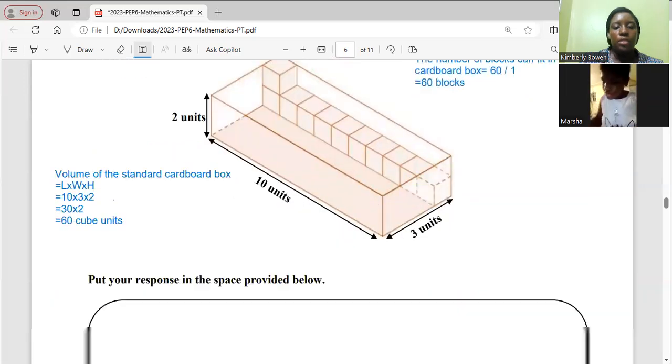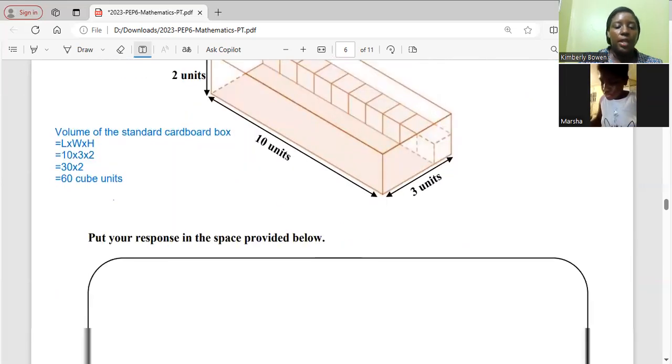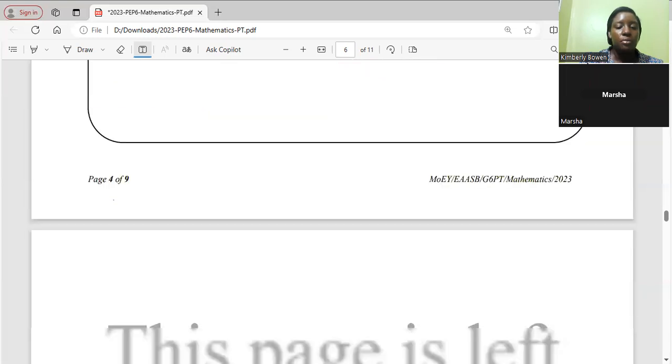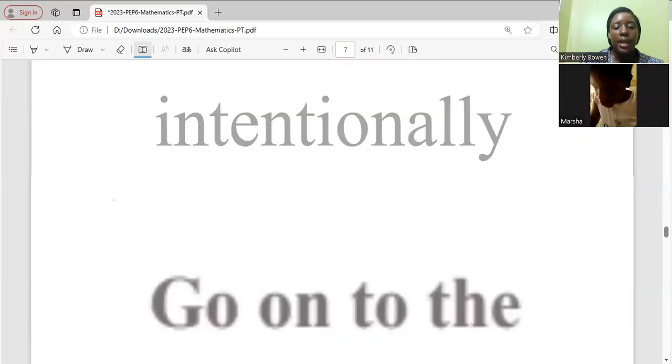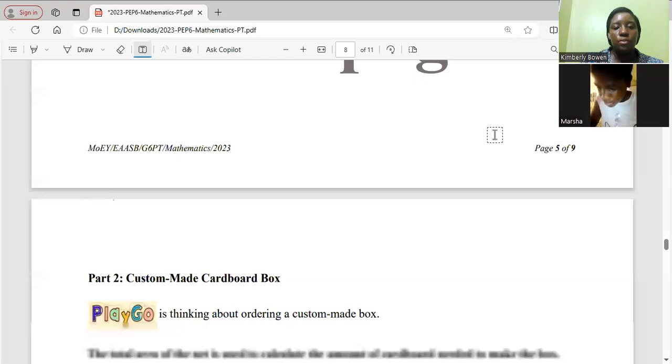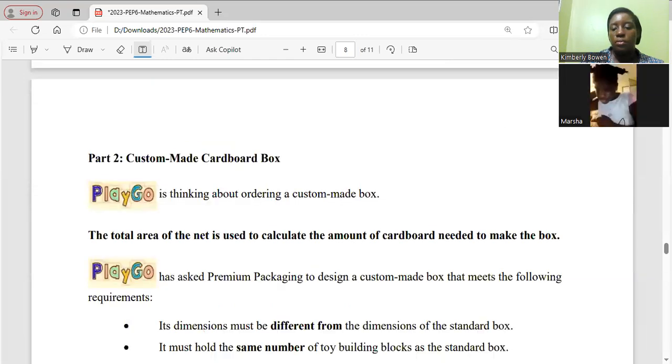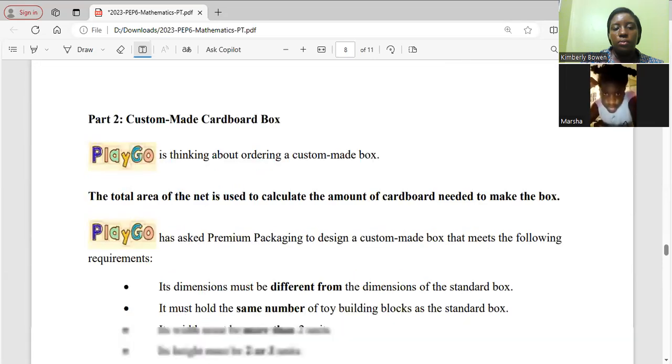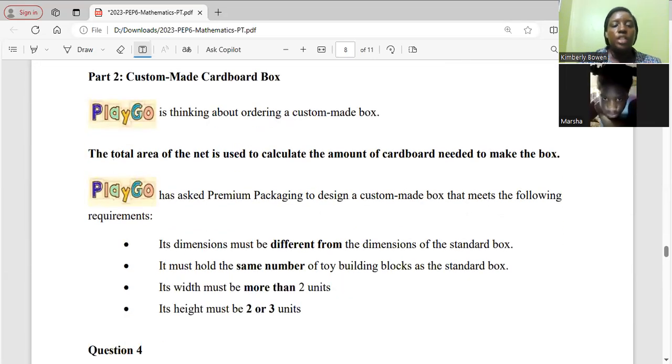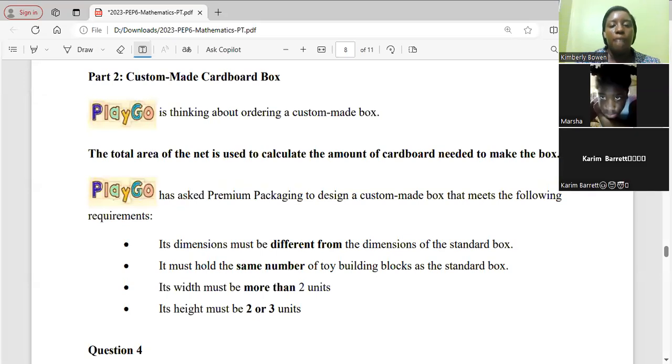All right, let's move on to the next question. And we're moving on to part 2. Part 2 is about the custom-made cardboard box. So Playgo is thinking about ordering a custom-made box.